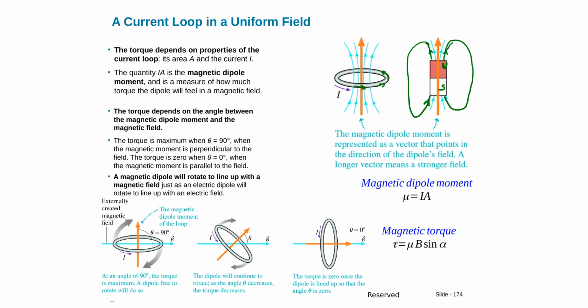And we already talked about how current loops also have a magnetic field in their center, and they do resemble bar magnets.